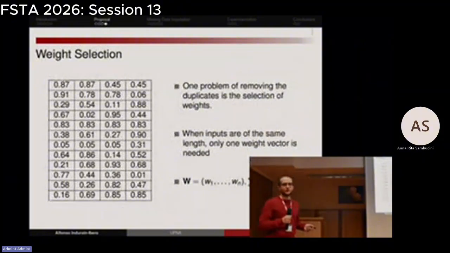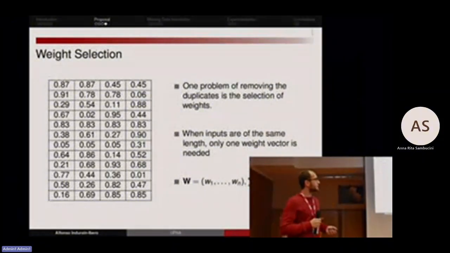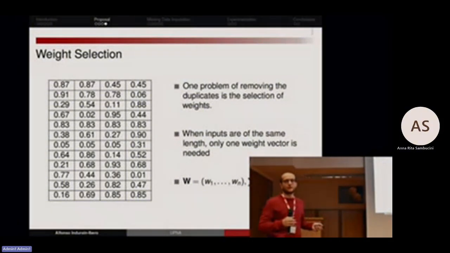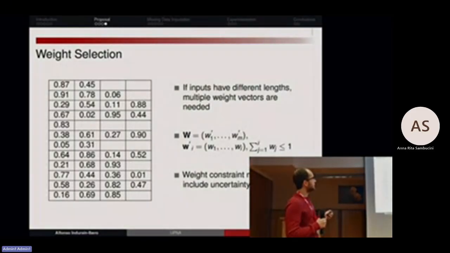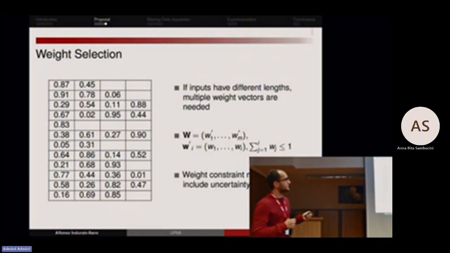One problem that we found during the development of this operator is that when we work with normal operators, we just need to obtain one single vector, which can be applied to any row of our dataset. So if we have a dataset with 4 columns, we just need a weighting vector of 4. But if we start removing elements, we cannot just work with one vector, because we cannot apply a vector of 4 elements, for example, to a row where we only have 3.